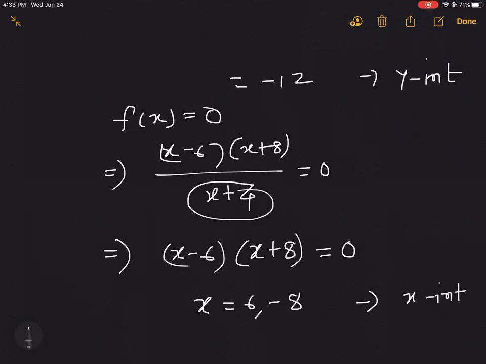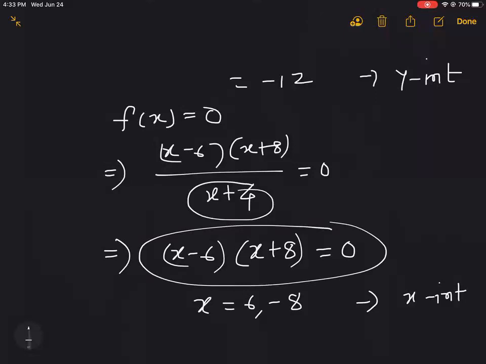Okay. Next, determine the behavior of the graph at any x-intercept. Select the correct choice, and if necessary, fill in the answer. First of all, to determine the behavior, we just want to see the real zeros, that means these guys, and look at their multiplicity.